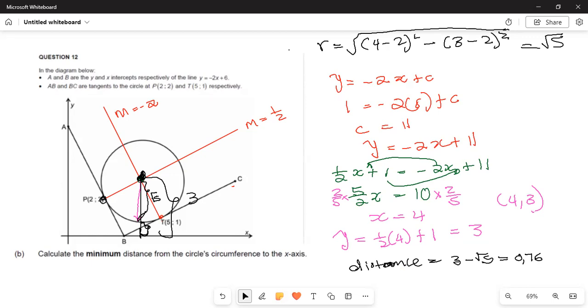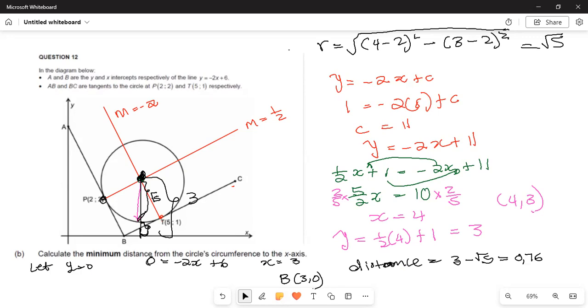Now, in the beginning, you will see that they calculated the value of B by letting y be equal to 0. 0 is equal to minus 2x plus 6, and therefore x was 3. B is 3, 0.